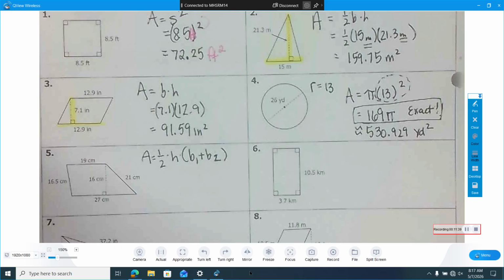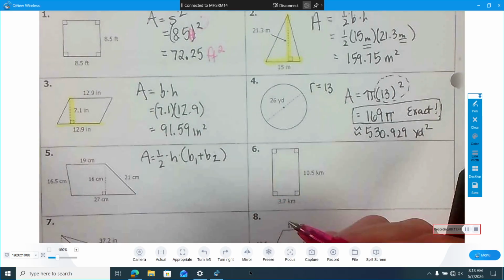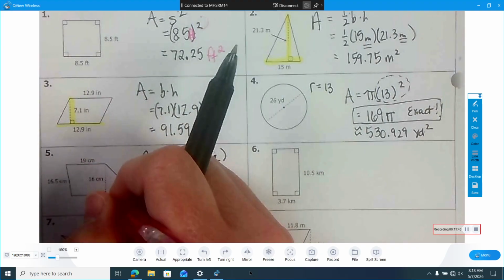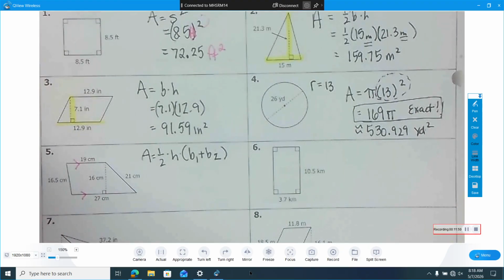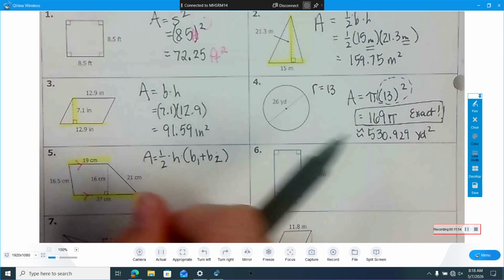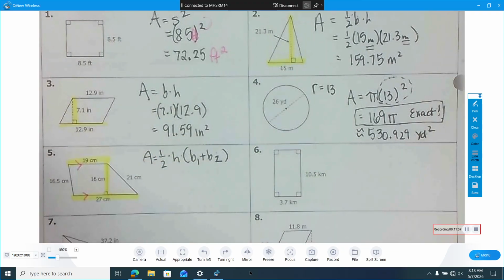What are the bases? And how do you know those are the bases? Okay, I was thinking they're parallel. So those are the two bases. And then you're right, something is perpendicular to them, and that's going to be our height. All right, so those are our 3 things we want to pay attention to.